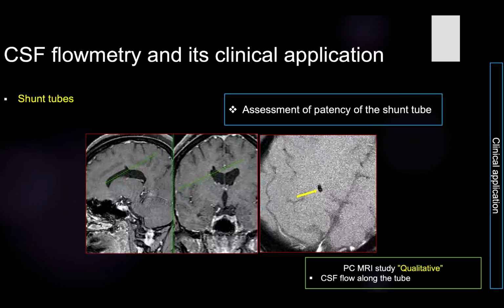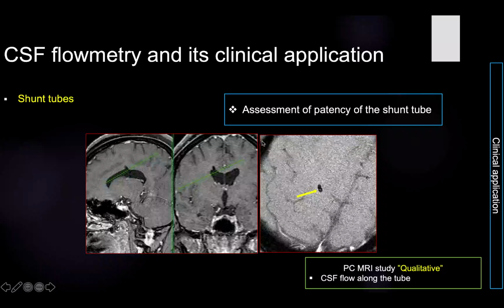This denotes that the shunt tube is patent, because it has only one direction. It usually has a valve, and the direction of the CSF flow is unilateral, so it has no pulsatile movement.